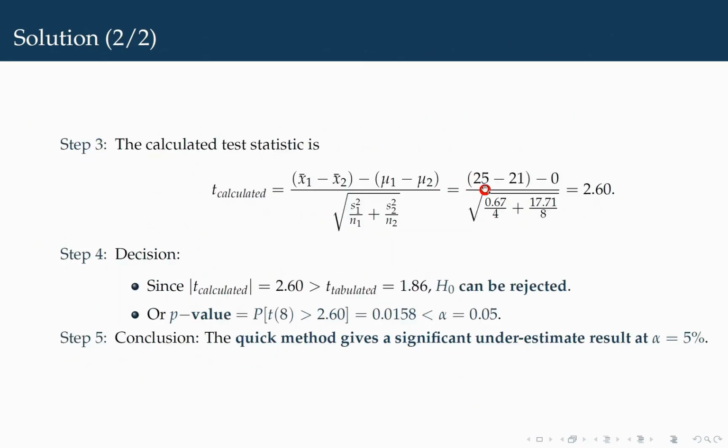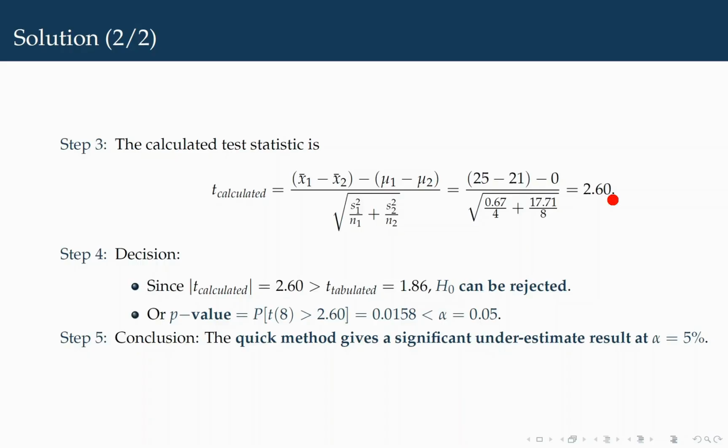So the mean of the standard method will be 25, and the mean of the quick method will be 21, and the variance of the standard method will be 0.67, and the variance of the quick method will be 17.71. Therefore, the calculated value of the test statistic becomes 2.60.